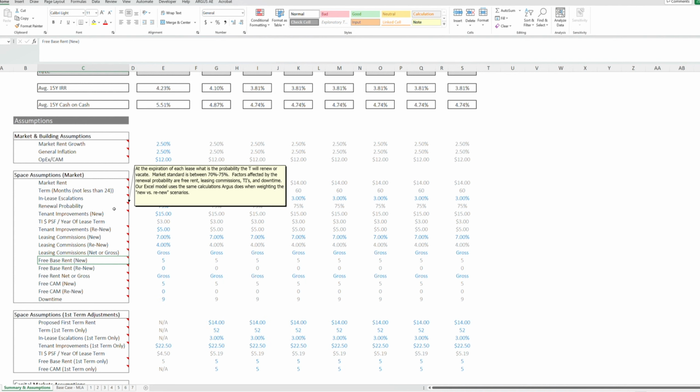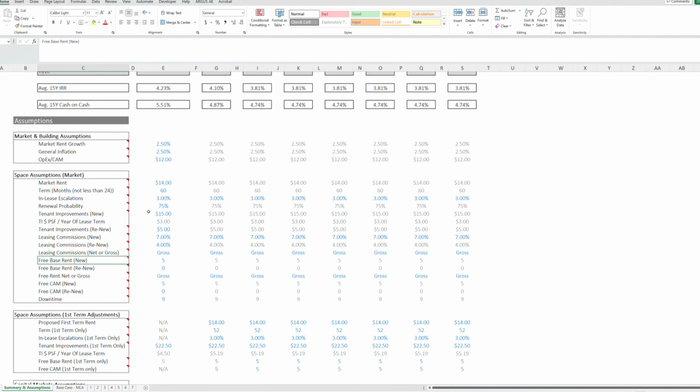Think about it like this: if you're trying to compare two leases, one is at $14 a square foot, and there's $10 in TIs, and the other one is a little bit higher. It's at $15 a square foot, but it is at $20 a square foot in TIs.